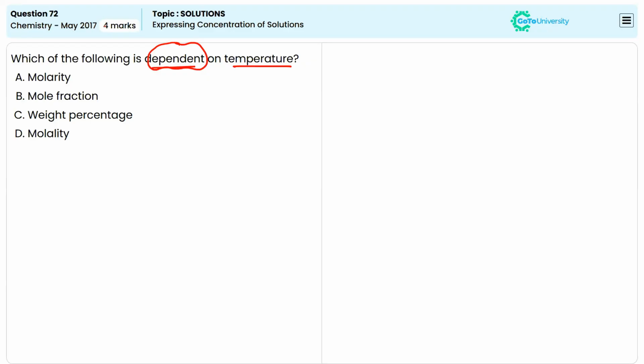Molarity is the number of moles of solute present in 1 liter of the solution. So molarity is equal to number of moles divided by volume of the solution in liters. So this depends on the volume. But if you come to the mole fraction X, that is equal to the number of moles of one component divided by the total number of moles.